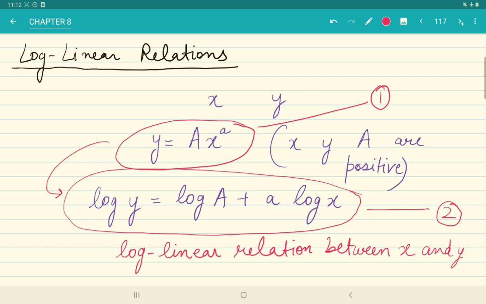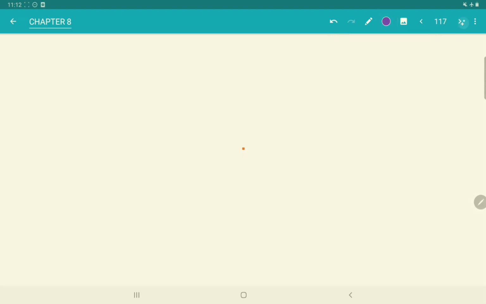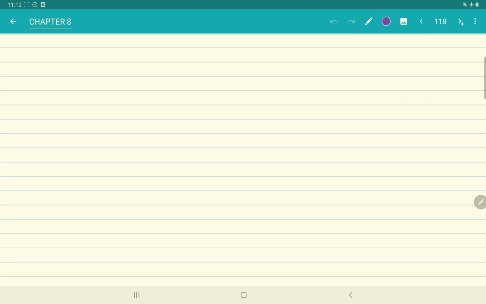And let us suppose we have two positive variables. Keeping all this in mind, against this backdrop, let us suppose we have two positive variables x and y, and we have a table wherein we see the relation between these two positive variables.